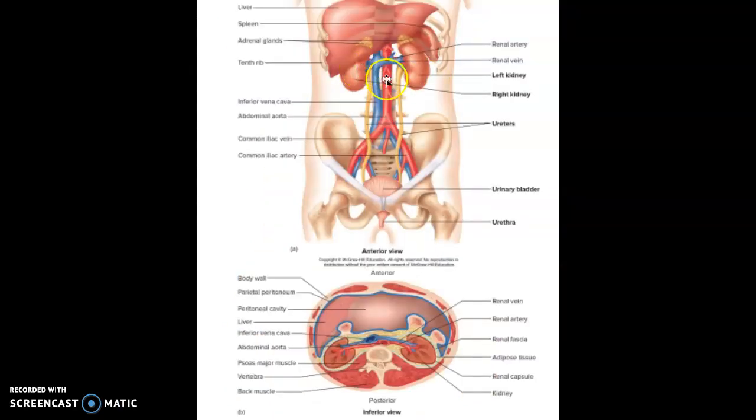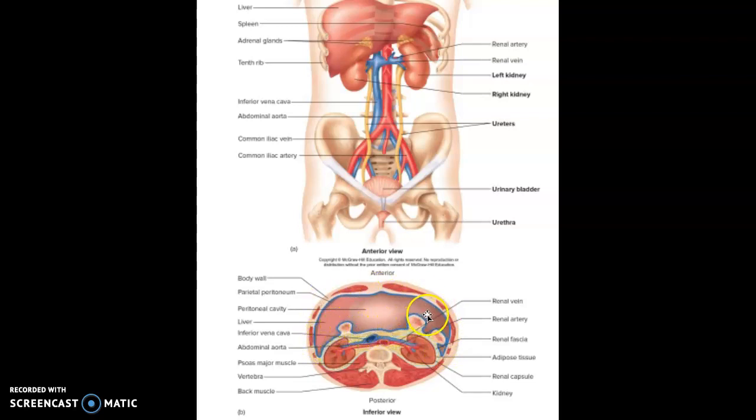The kidneys are located high in the abdominal pelvic cavity on either side of the vertebral column, as you can see here. Roughly, they are between T12 and L3. They are located behind the peritoneum. Remember the serous membrane lining the abdominal cavity, here in blue.